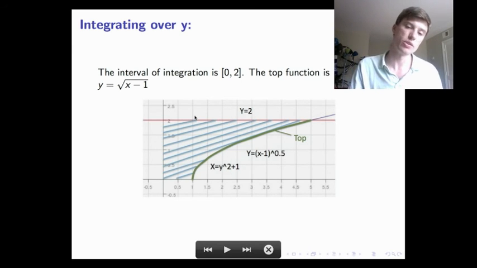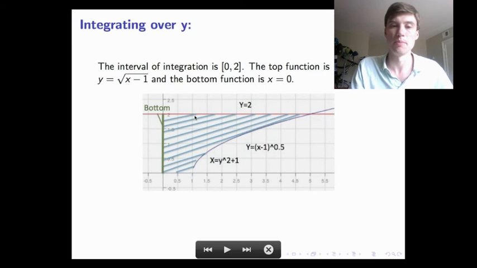So relative to y, the top will be this curve y equals the square root of x minus 1. And the bottom will be simply the line x equals 0. And the y values for which the region is contained are 0 to 2.